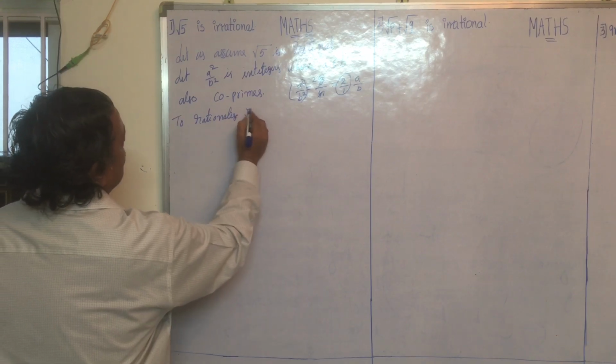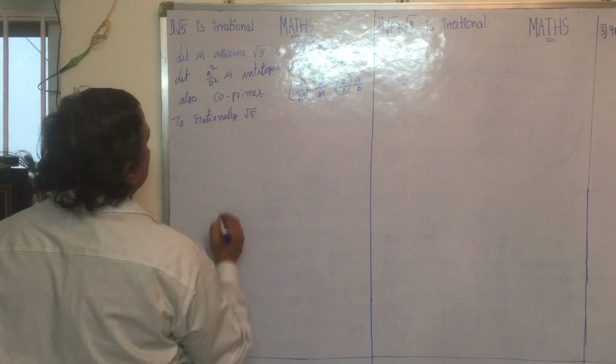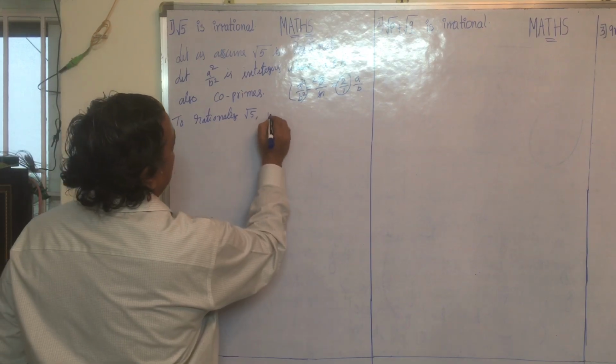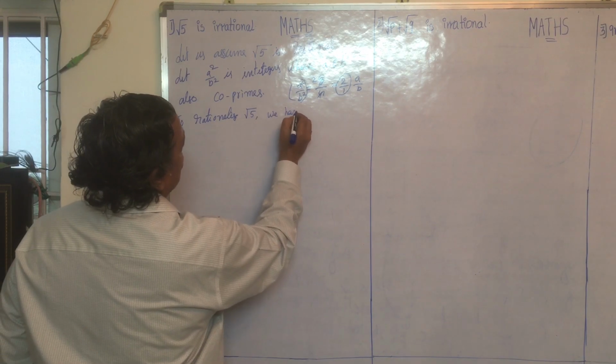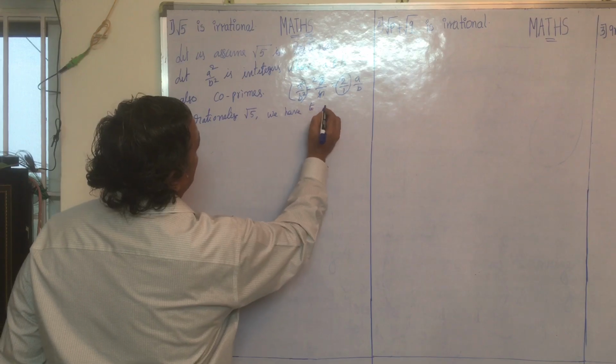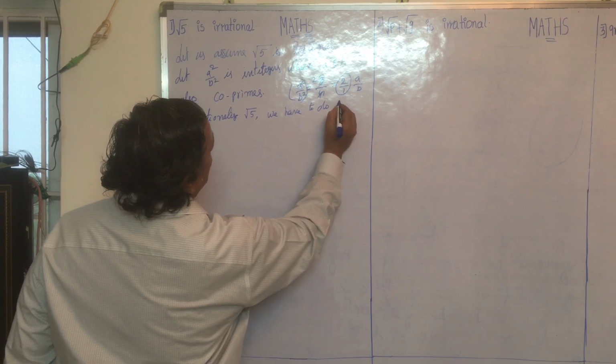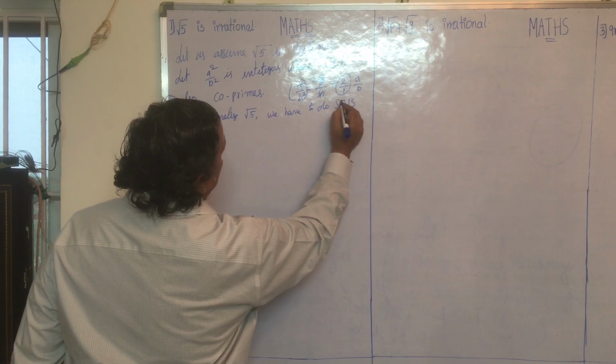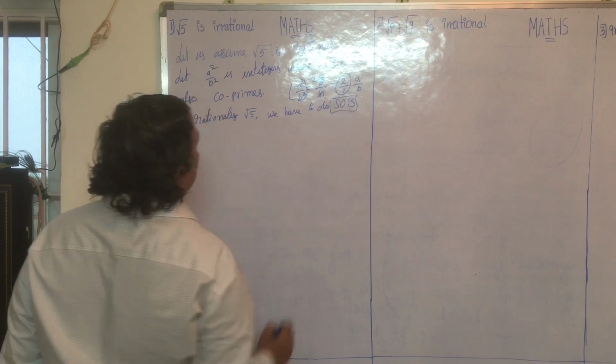root 5, we have to do squaring on both sides.